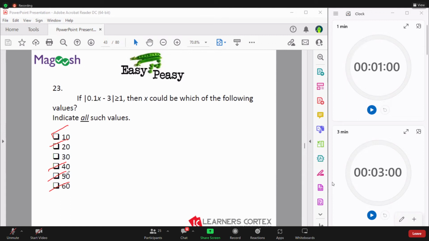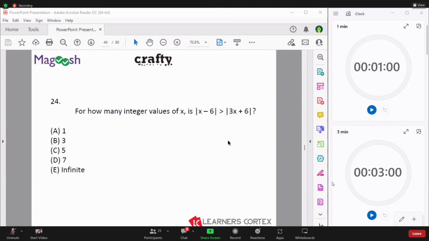For this particular question, sure, you can substitute the values and take out the answers. Then also 10, 20, 40, 50, 60, only 5 answers will be correct. 30 will not be the answer. But it is preferable to solve the inequality and then take out the answer. It can also depend on how the inequality is given to you.